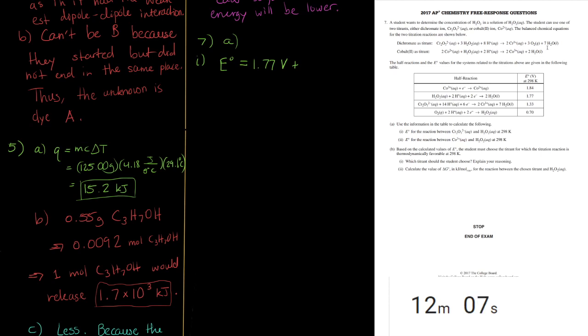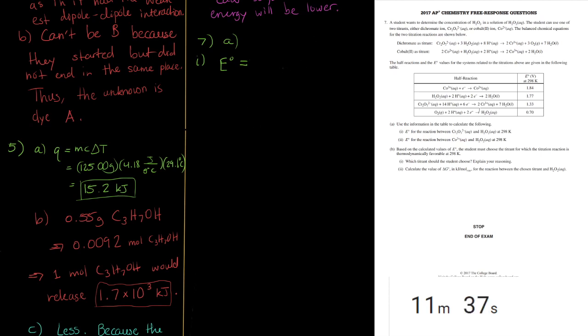We're creating 6 waters here. We're also using up, oh, hold up. Yeah, I think what might be going on here is actually that, okay, I read this wrong. Get rid of this 1.77.